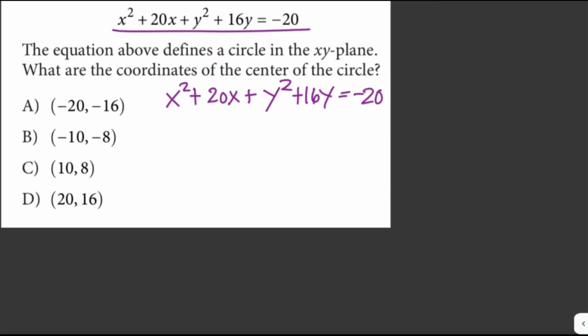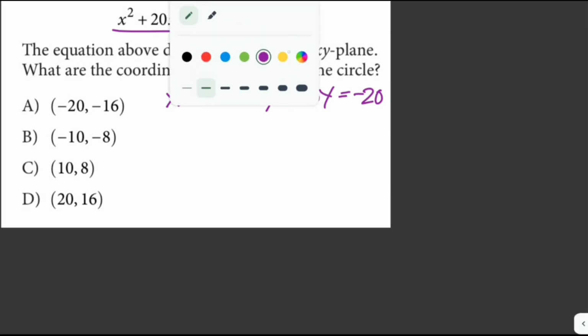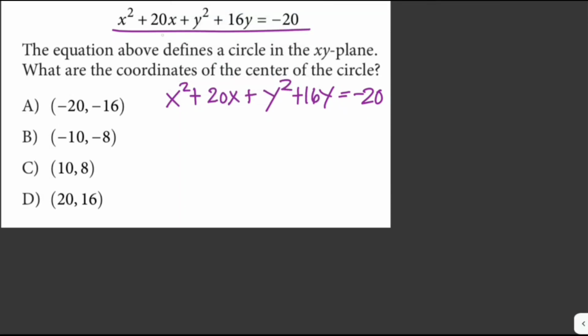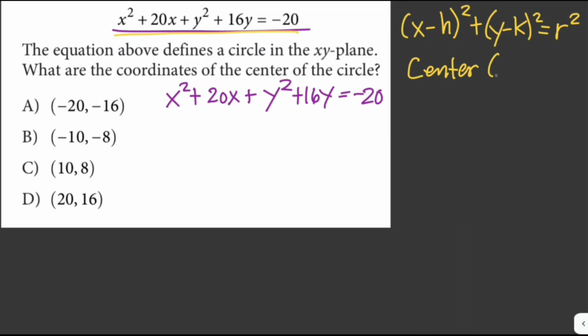Now to find the center of the circle, we have to write this equation in the standard form, which is x minus h squared plus y minus k squared equals r squared, where the center here is (h, k). Okay, so how are we going to do that?